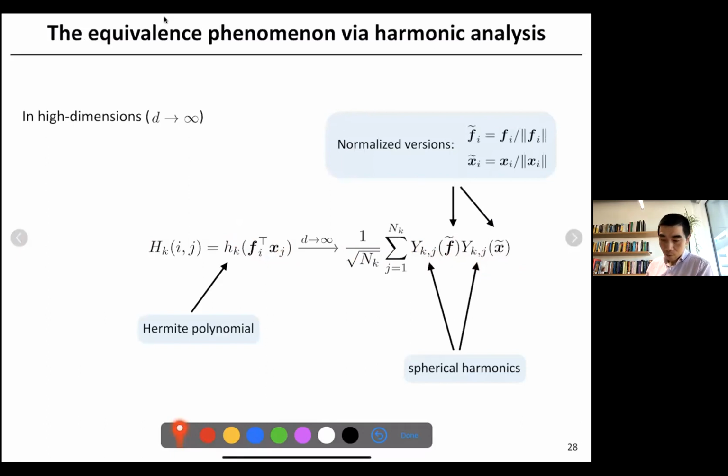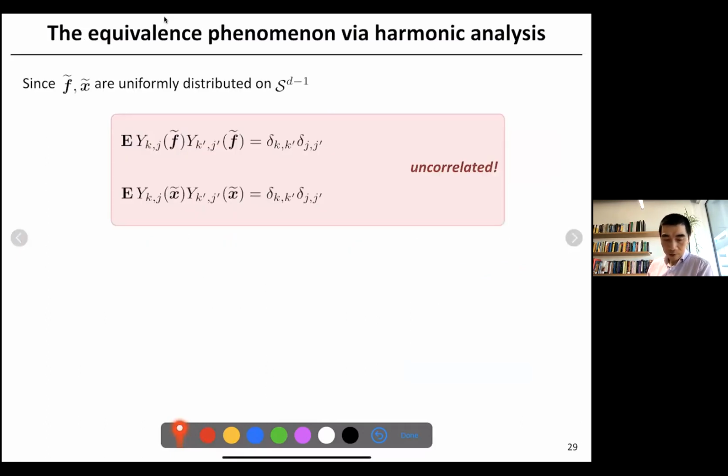The second property that we're going to use is that because the original data are symmetric, uniformly distributed on a sphere, an important property of spherical harmonics is that the expectation of the product of two spherical harmonics is equal to this formula. Essentially, all the spherical harmonics are uncorrelated and have unit variance.